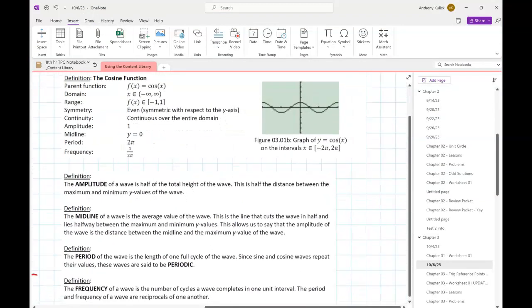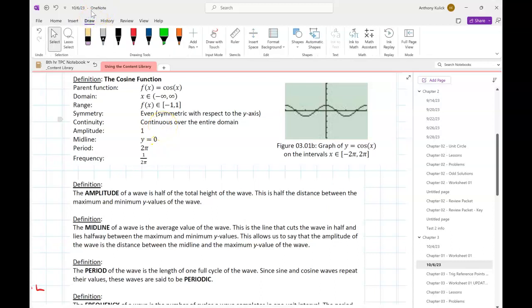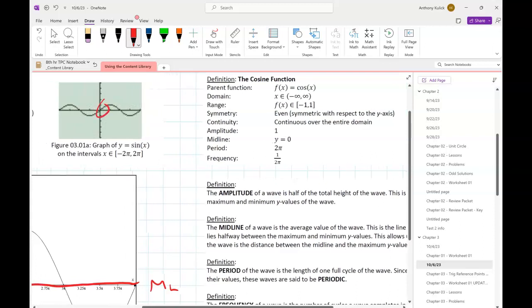So if I look here at the information for cosine, notice everything is the same except for the symmetry. That's the only difference. Cosine has an even symmetry. The big difference here is that cosine starts at a maximum, whereas sine starts on the midline. But other than that, it's the same picture. It's basically the same graph. It's just been shifted, depending on your perspective, left or right some amount.